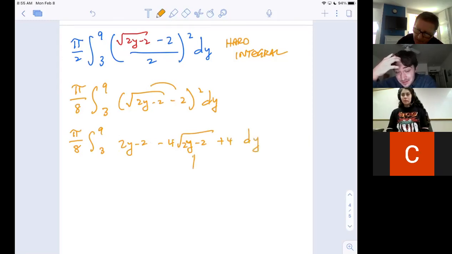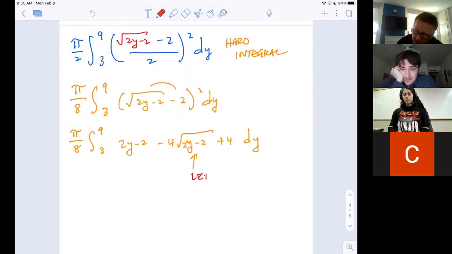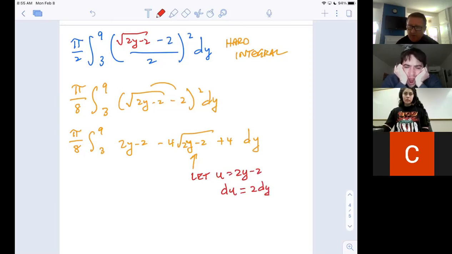This is really the only thing that's ugly. As I said, we're not going to finish it, but you would have to let u be equal to 2y minus 2, which means du equals 2 dy. That's not too bad. So the square root makes it ugly, and it didn't go away in this case. You could definitely do this, but this section is about, can you set up the integral? The taking of the integral I want to be easy.